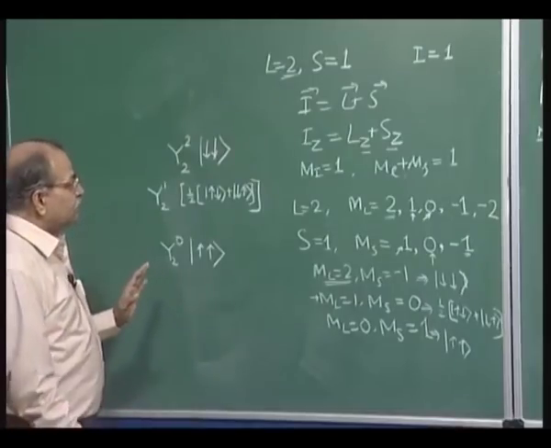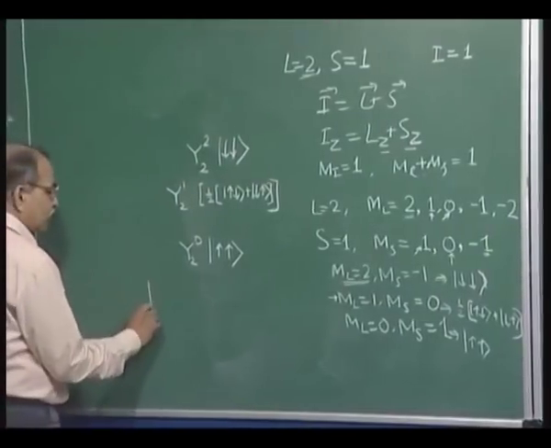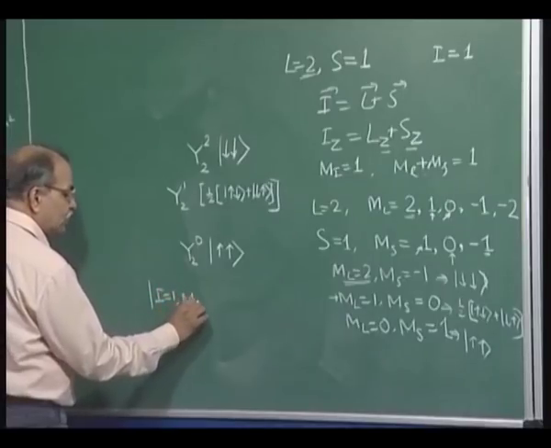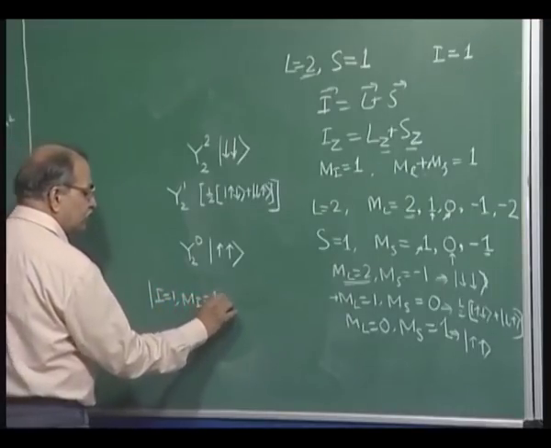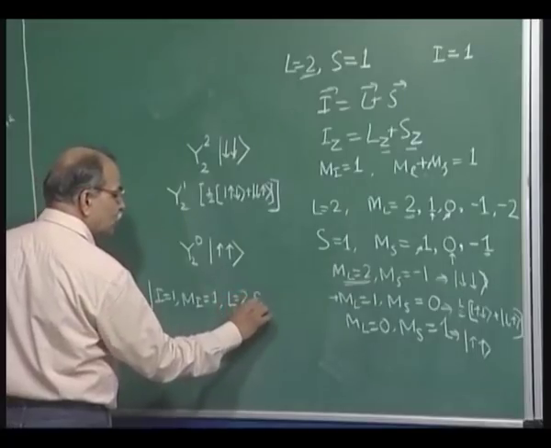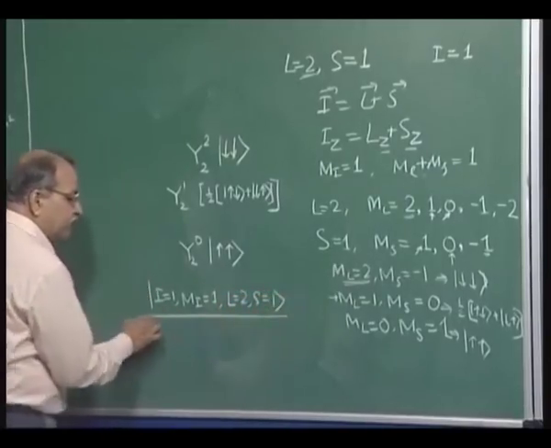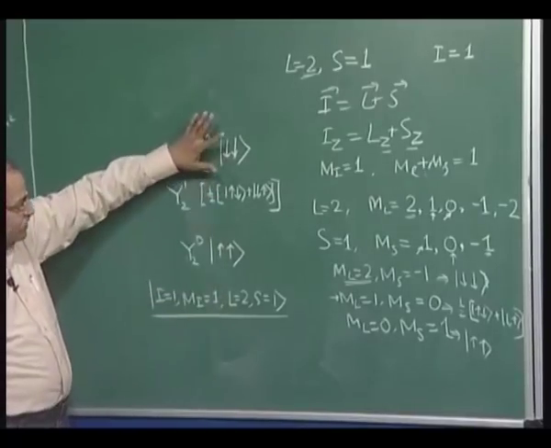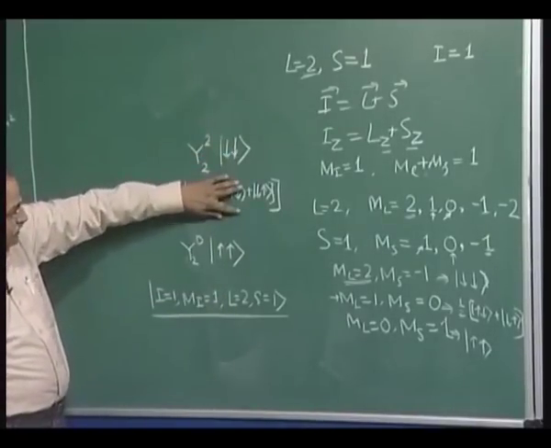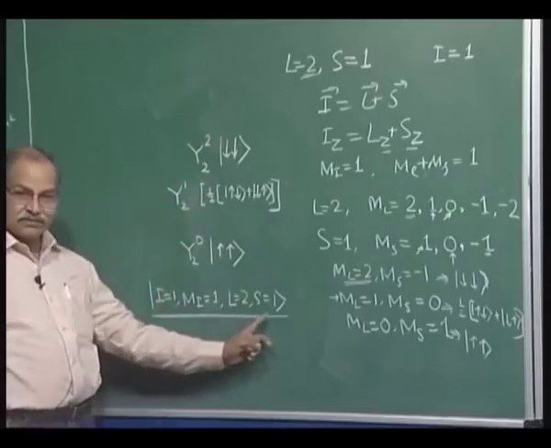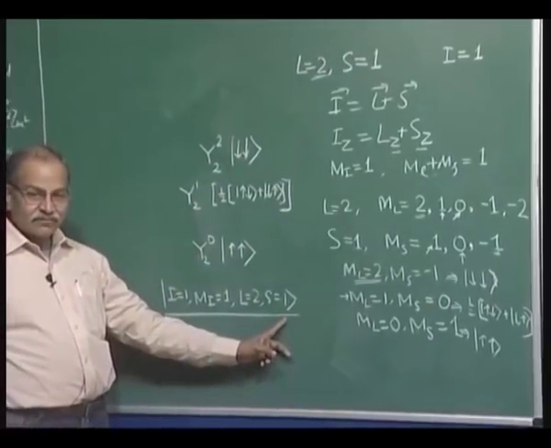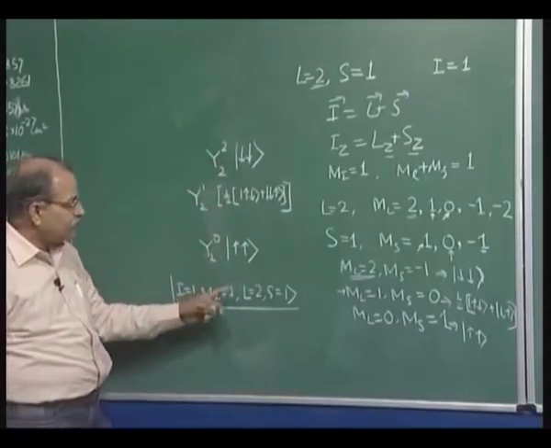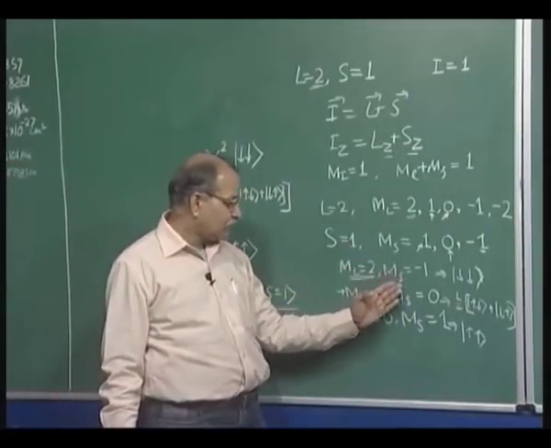Now, the wave function which we call capital I equal to 1 and mi equal to 1, and of course, L equal to 2 and S equal to 1. This is a wave function we are trying to construct and we see that there are 3 terms available, this one, this one, this one, all 3 correspond to this, right. All these 3, where are they coming from? Where did I write them from? I wrote from here.